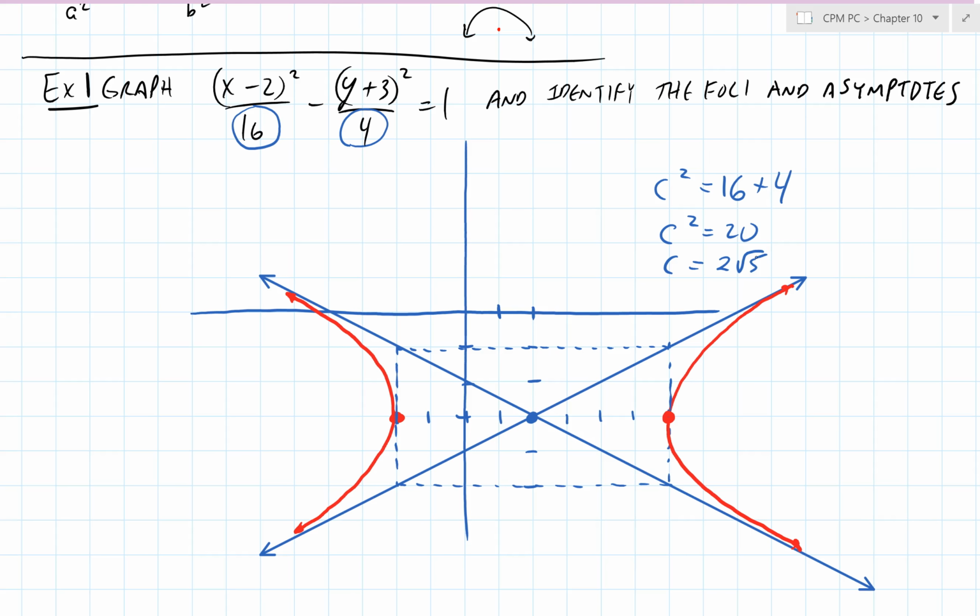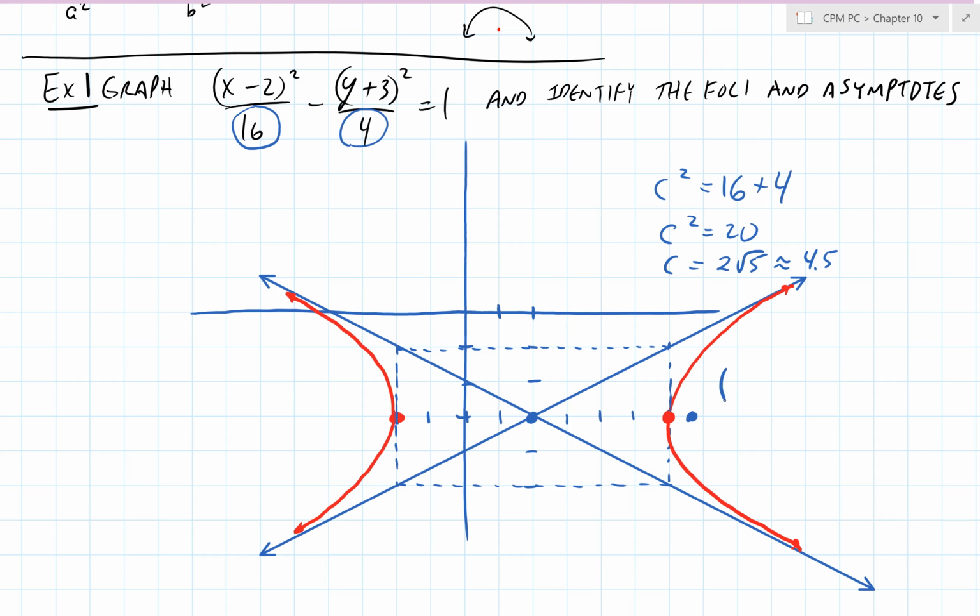Square root of 20 is 2 root 5. And 2 root 5 is about 4.5. And so that tells us how far to go from the center. So if I go to the center of the hyperbola and I go over 1, 2, 3, 4.5, that puts me right about here.